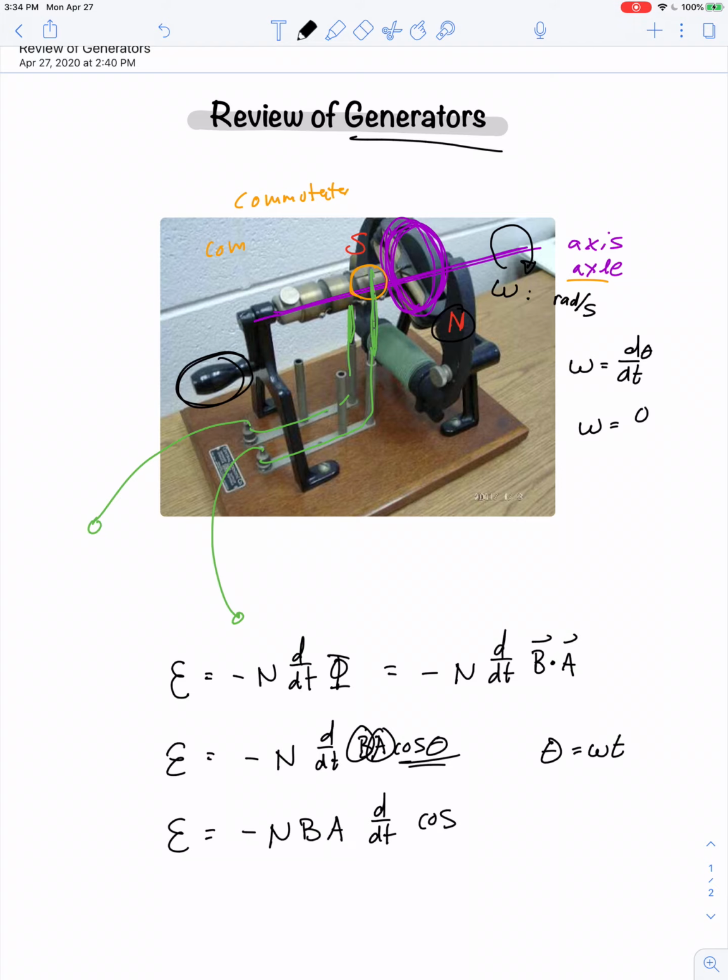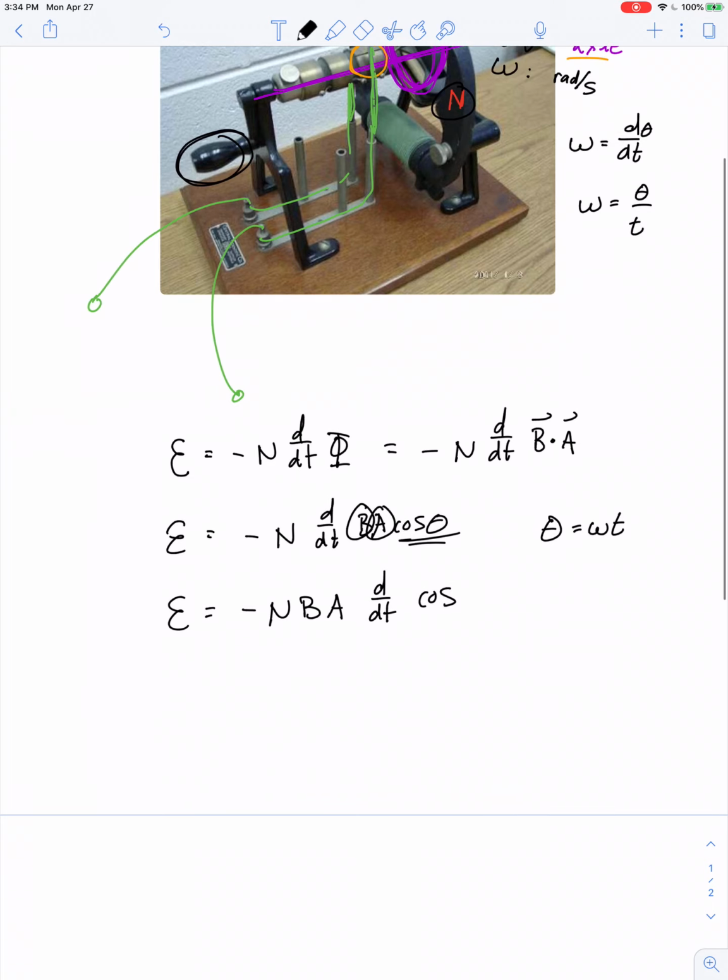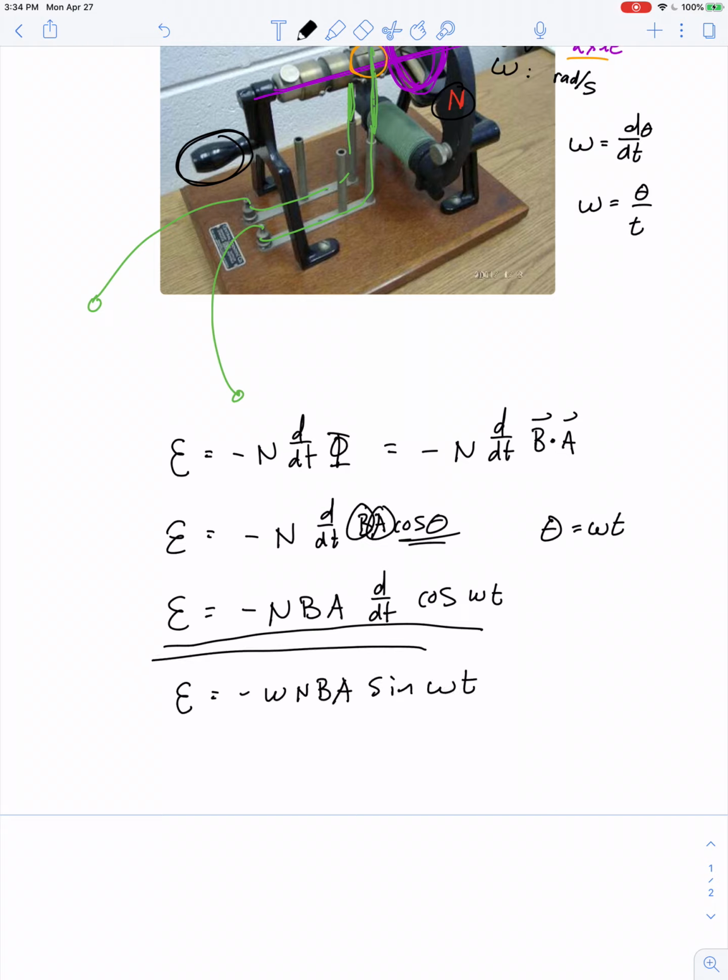Well, if it's constant, it's just theta divided by time. Okay, so we have EMF is negative NBA times d/dt of cosine omega t. So the final result is that the EMF is equal to negative omega NBA sine omega t.